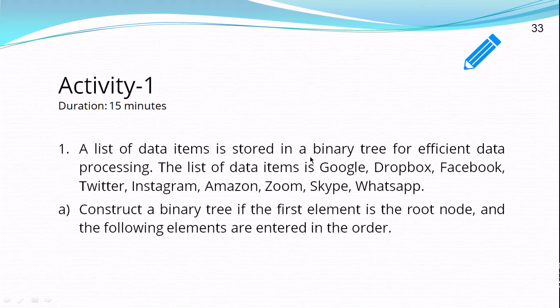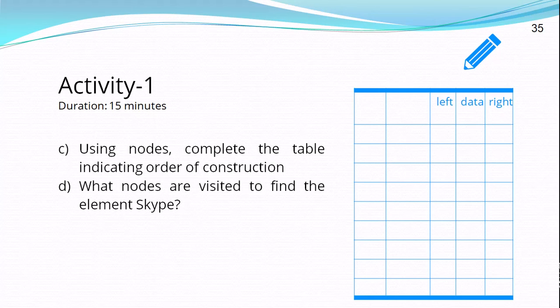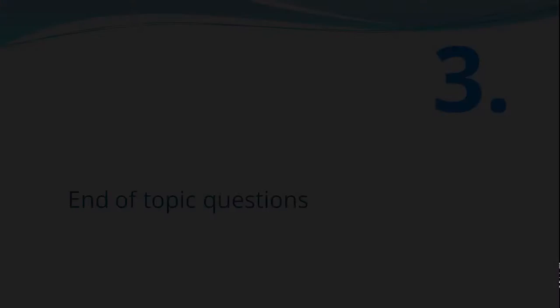So I want you to construct a binary search tree consisting of these strings. And slightly tougher, list the order of nodes in which they would be visited if you're using in-order, pre-order, post-order traversal.